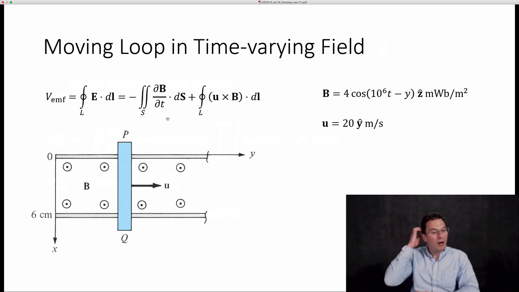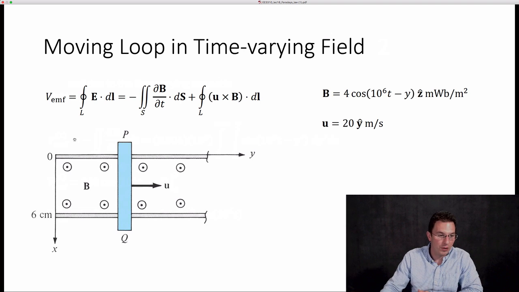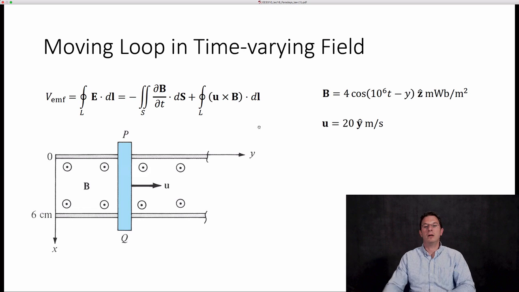Well, technically, you have to do this all the way around the loop, over all four sides. However, 3 of the 4 sides are stationary, and therefore u is 0 on 3 of the 4 sides. So u is 0 here, u is 0 here, and u is 0 here. Therefore, we only have to integrate really from this point to this point right here along this side, where u is non-zero. u is equal to 20 meters per second in the plus y direction.